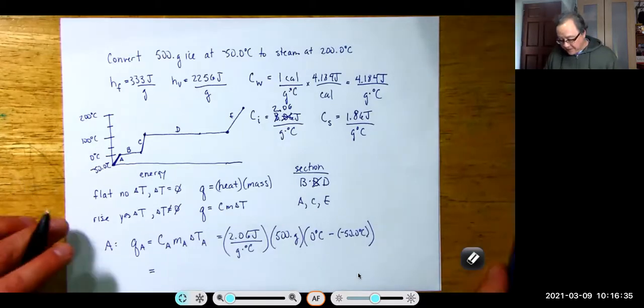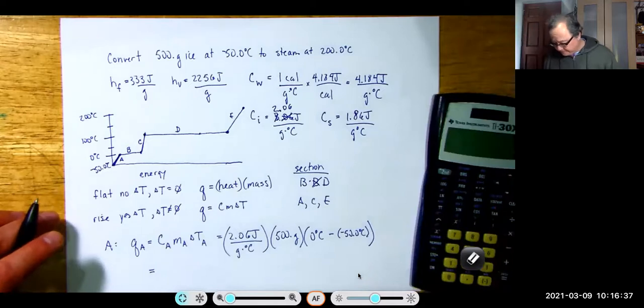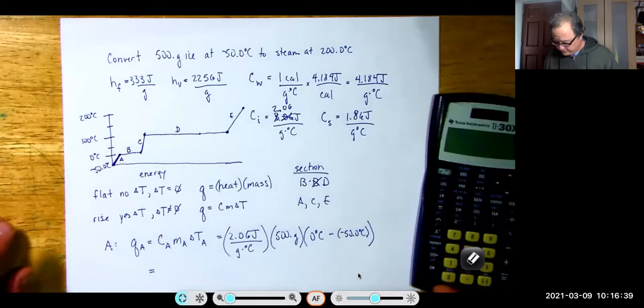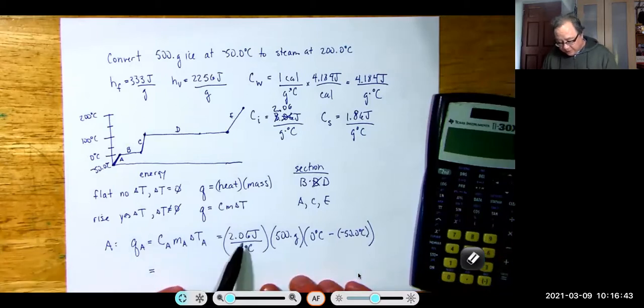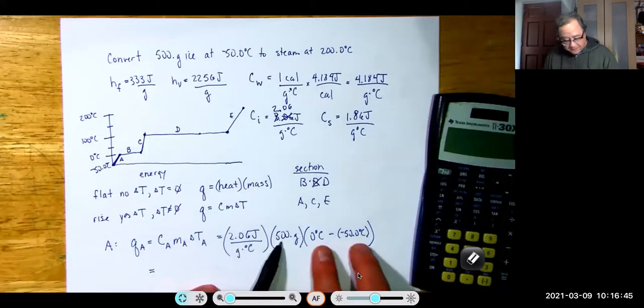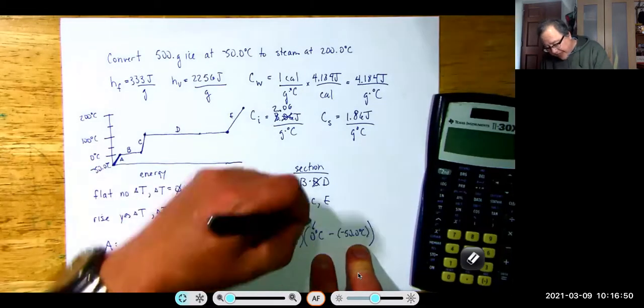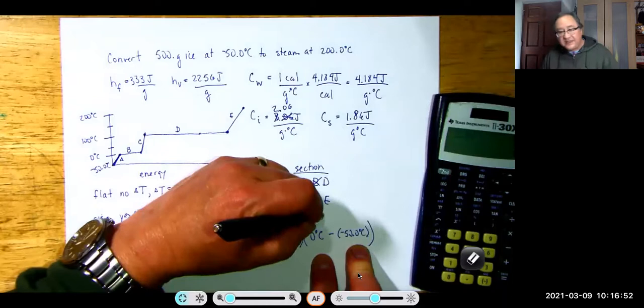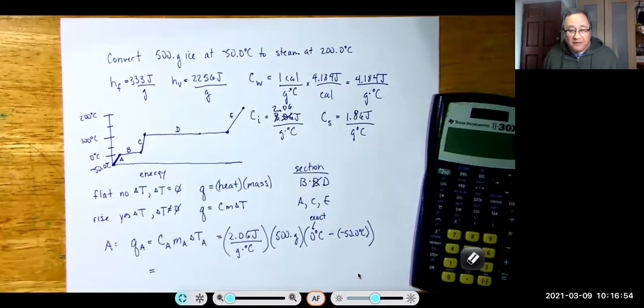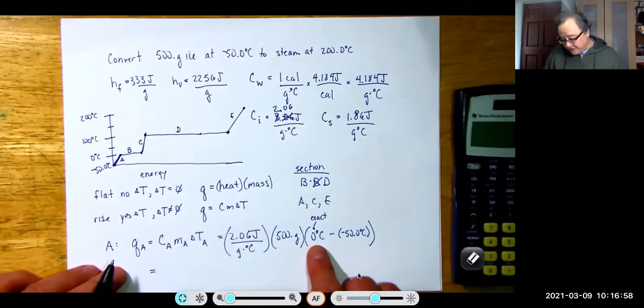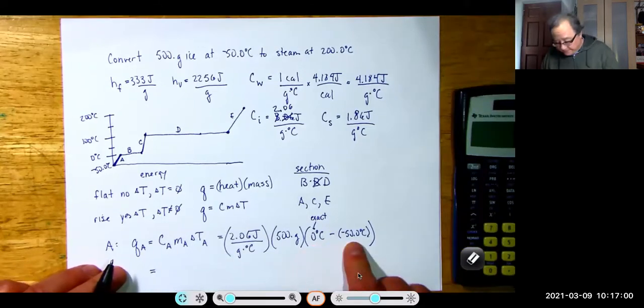How many significant figures are we allowed? 3. Yes. We have 3 sig figs here, 3 sig figs here, but also here, when you do this difference, this 0 is exact. We define the melting point of ice as 0 degrees Celsius. So this has an infinite number of sig figs. This only has 3.